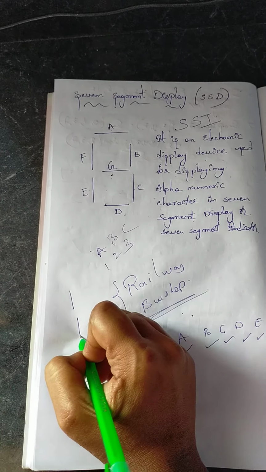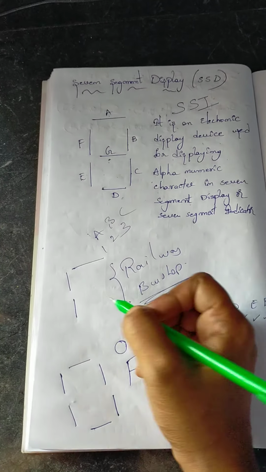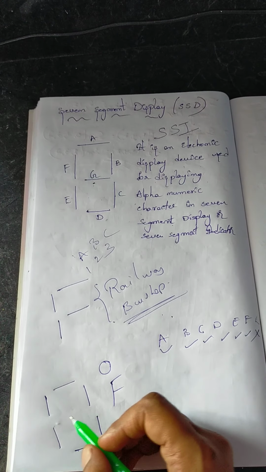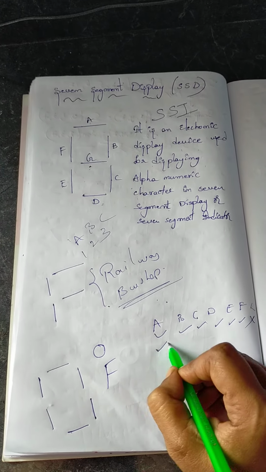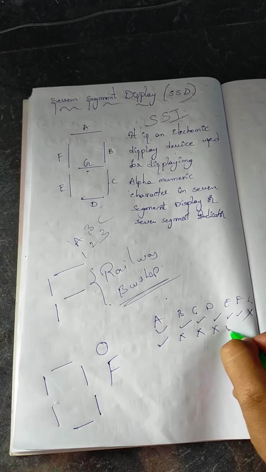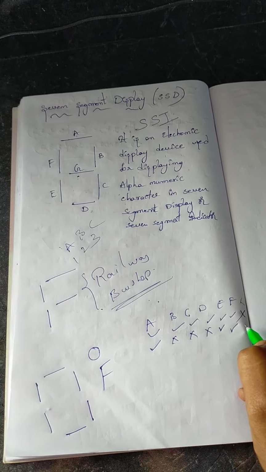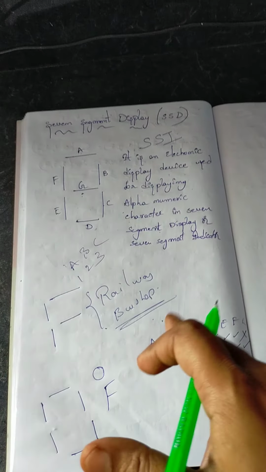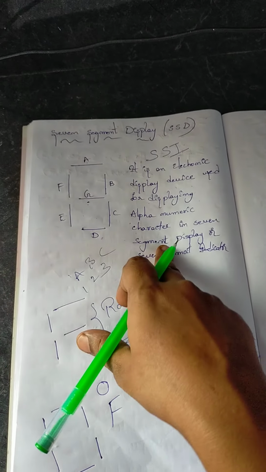F, E, A, G. So A is on, B is off, C is off, D is off, E is on, F is on, G is on.